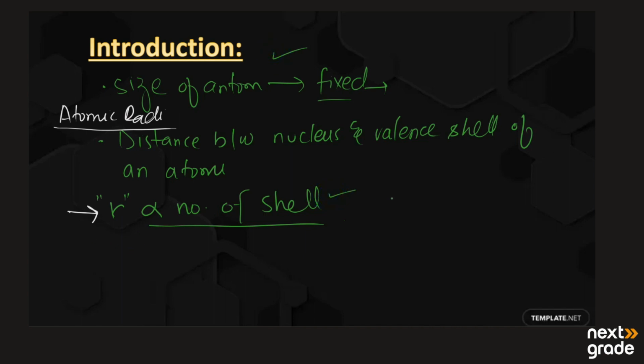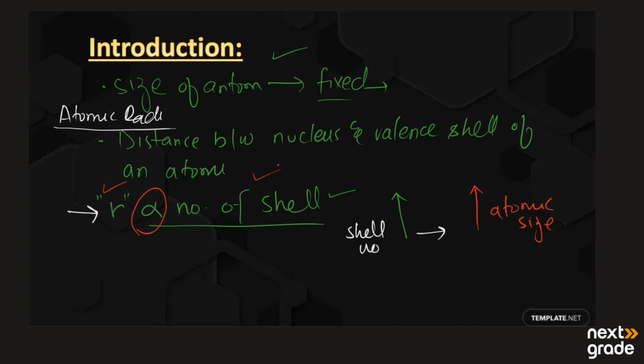If the shell number is going to increase, in turn the atomic radius or the atomic size is also going to increase, because there is a direct relation between the radius and the number of shells.